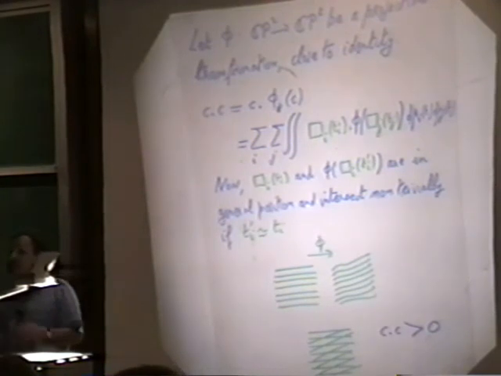Now, the important point is that in complex geometry, when two curves intersect, they intersect positively. This is a basic thing, so this intersection is positive. So that's a contradiction. You have positivity and zero. QED. Okay, so that's it for today.